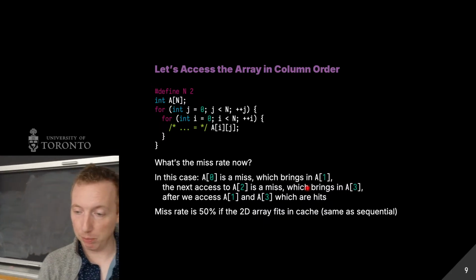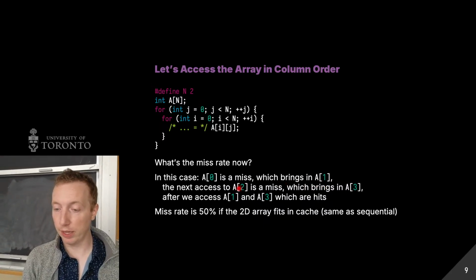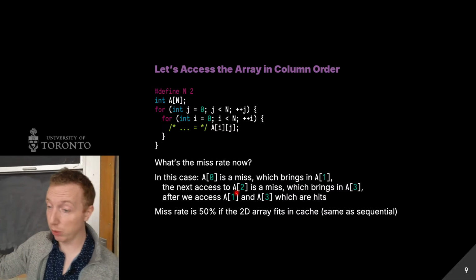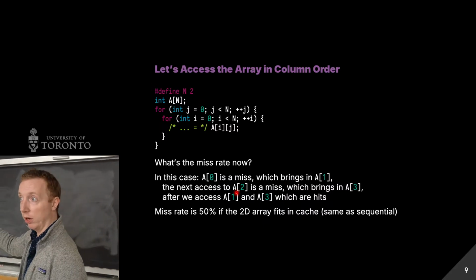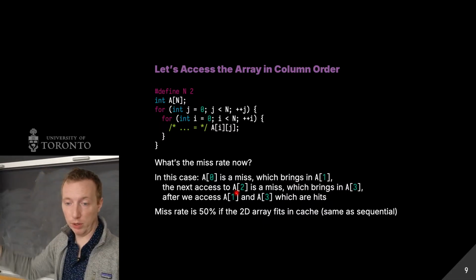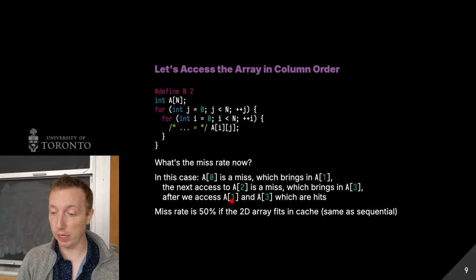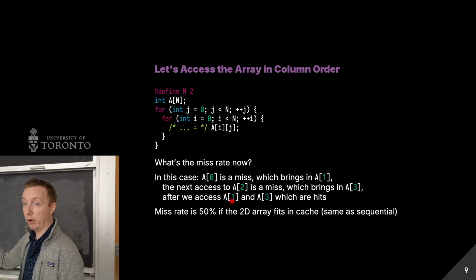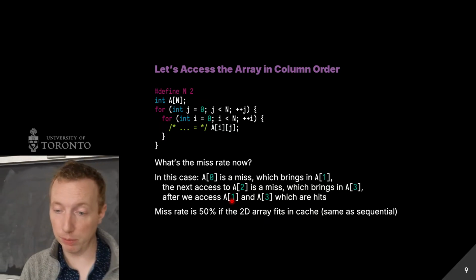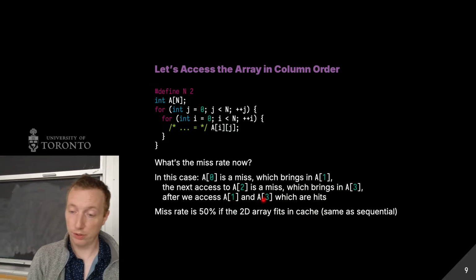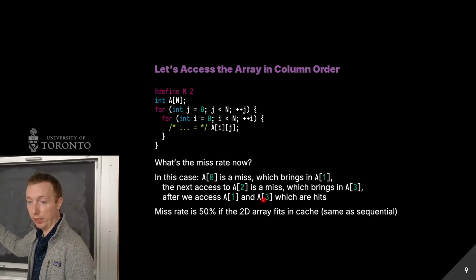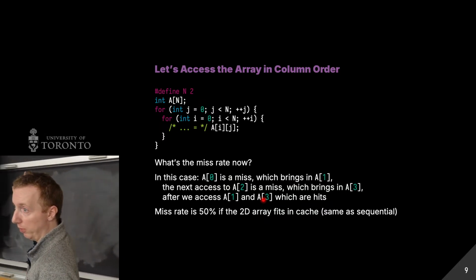And then that would bring in A3. After that, since you're doing it in this order, you would access row 1, column 0, which would correspond to A1, which is now in cache, and the other one would also be in cache. So the miss rate is 50% if this whole array fits in cache, same as sequential.